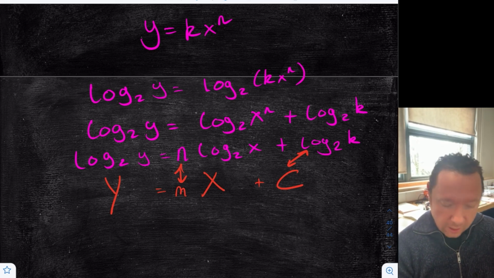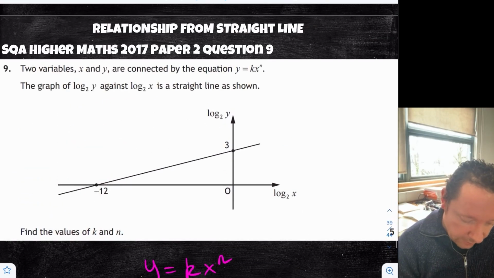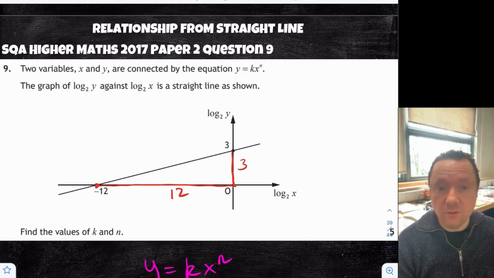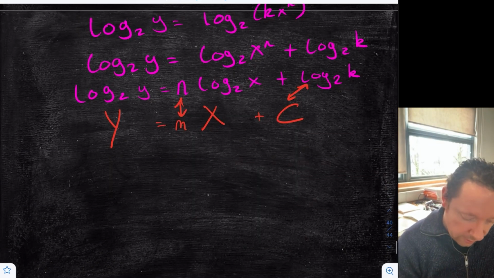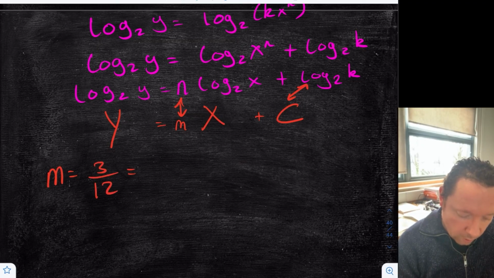So let's look at our graph. So for our gradient, we've got along 12 and up 3 over 12. So our gradient is 3/12. So our gradient is equal to 3 over 12, which simplifies to 1/4, and therefore n equals 1/4.